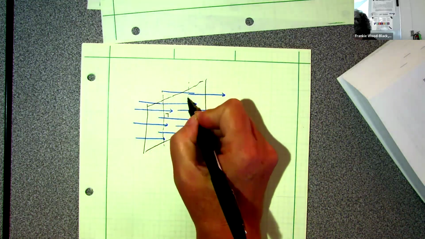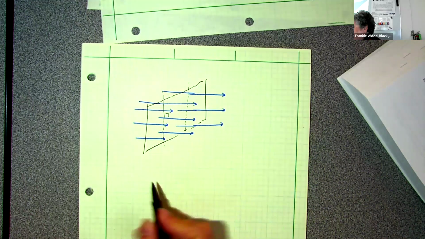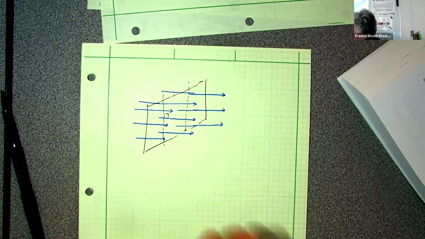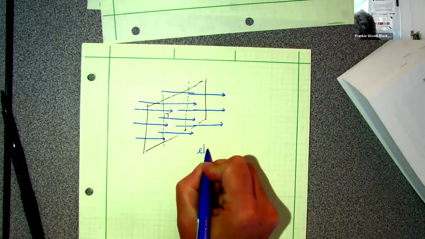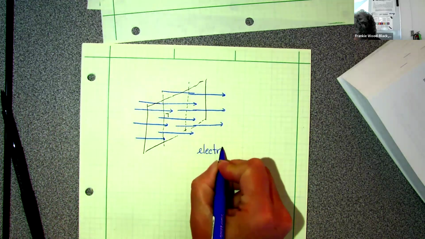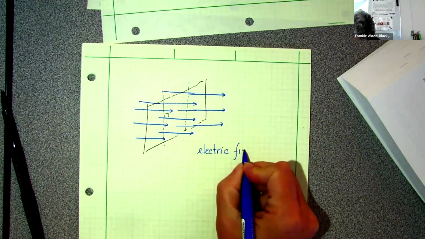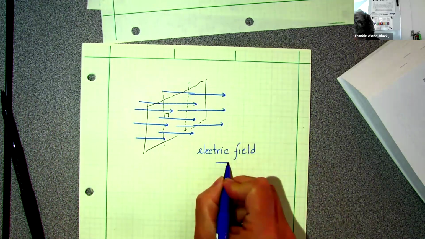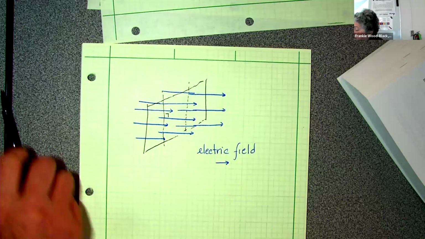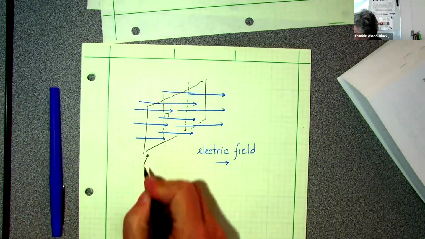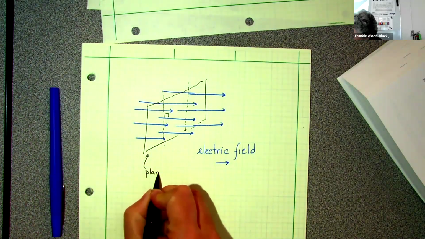So there's my plane going through here, and my electric field is represented by my lines. And this is just an arbitrary plane that I'm looking at.